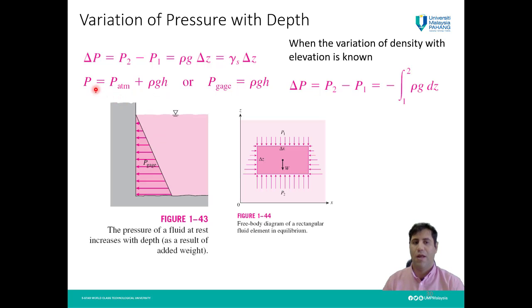So P, or absolute pressure, is equal to P atmosphere plus rho GH, or P gauge is rho GH. And you can see how we can calculate delta P for that depth.